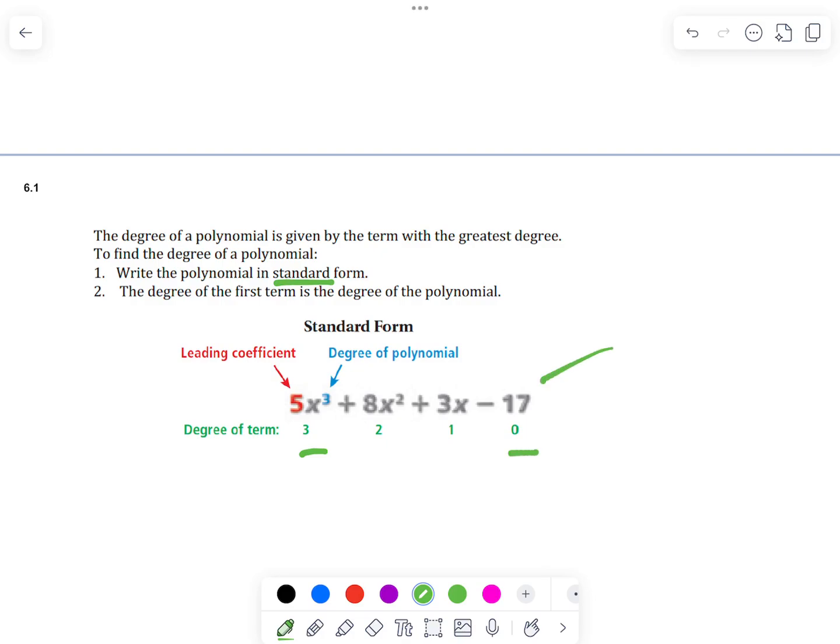So this is your constant, which has a degree of 0. And then you have your highest term right there, which is a degree of 3. So notice it's in descending order. So the degree of the first term is the degree of the polynomial. So the degree is 3.